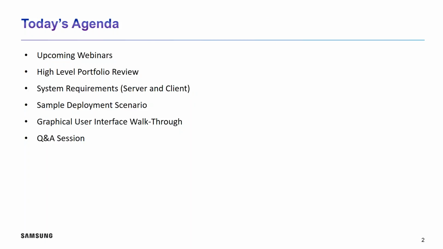Then we'll start talking about Wireless Enterprise Manager, which is our network management system for our wireless LAN solution. We'll start with the system requirements, give you an example of how you can deploy Wireless Enterprise Manager, and finally at the end we'll do a walkthrough of the graphical user interface, which, to me, is the best part.